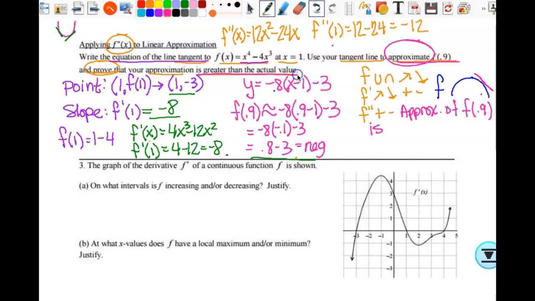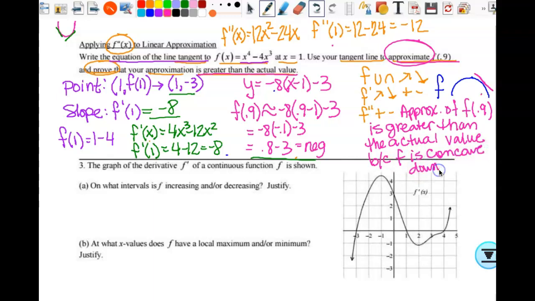Is greater than the actual value, because f is concave down, because f double prime is negative. Don't tell your English teacher how many times I said because.